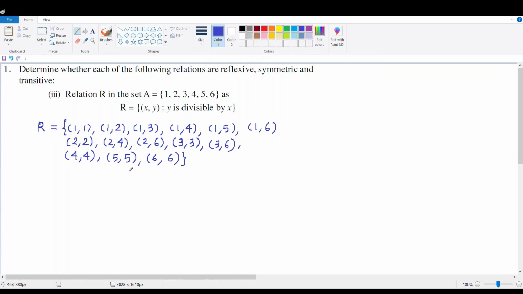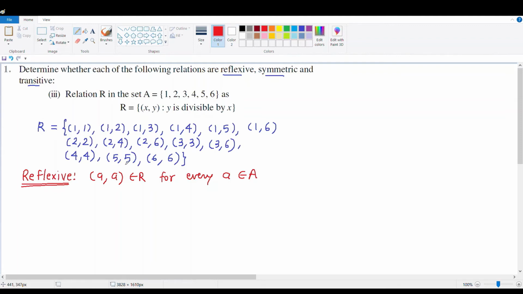Now we need to check whether this relation is reflexive, symmetric, or transitive. So let's start with reflexive. Now the definition of a reflexive relation is what? That A comma A belongs to R for every A belongs to A. So 1 belongs to A, so 1 comma 1 must be there.